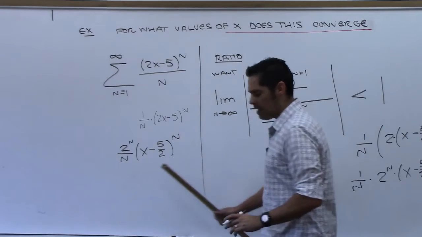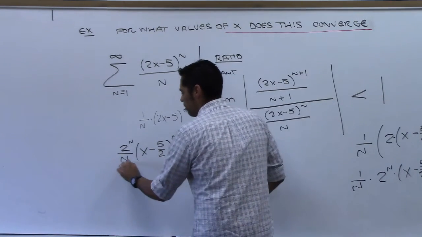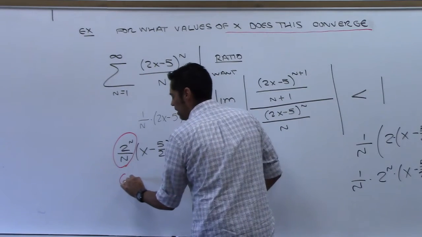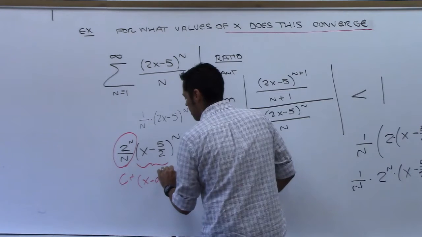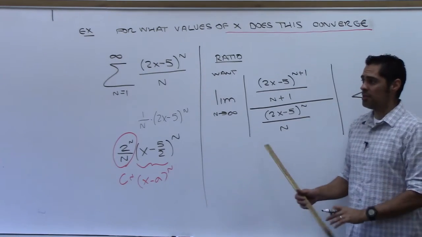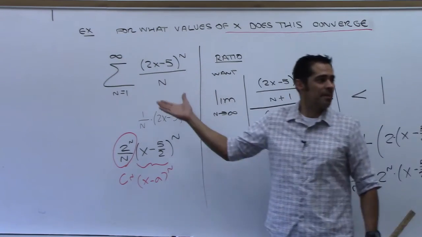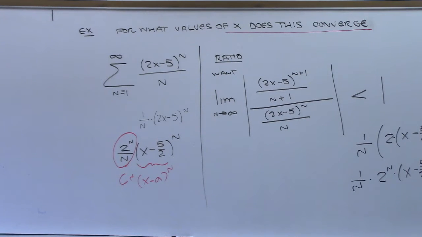Does that look more like the power series formula? You have c sub n here, and you have (x minus a) to the n there. Do y'all see that? Yes. Okay. We don't need to show all that. We can just go right to ratio test. I just want to make sure everyone understands that is a power series. All right, what's going to happen on that ratio? Flip, right? We're going to flip the bottom up. Okay.